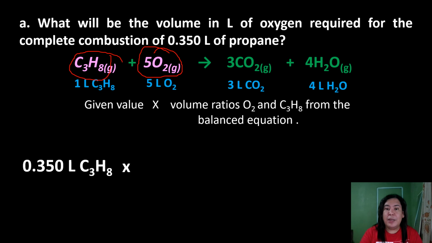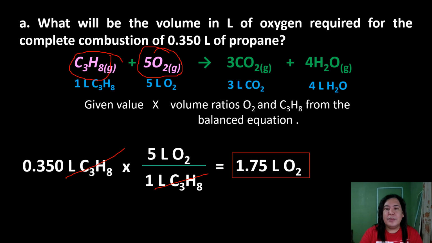You multiply it by the volume ratio of the two, which is 1:5. For every 5 liters of oxygen gas, there is 1 liter of propane. Then cancel the units of liters to get 1.75 liters of oxygen gas. So for volume, you start in liters and end in the unit of liters.